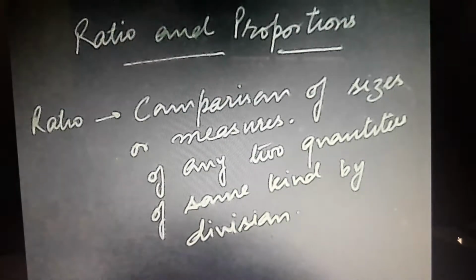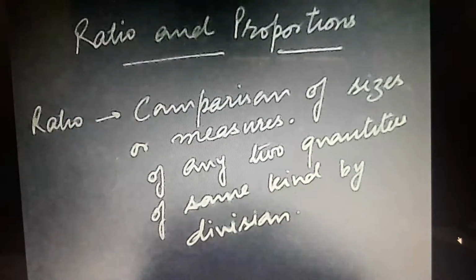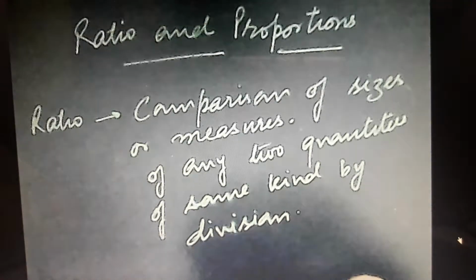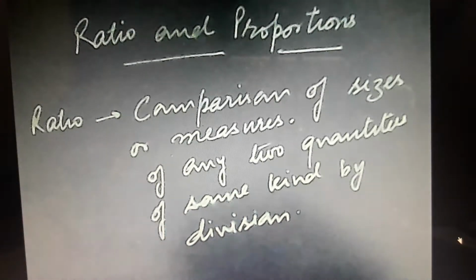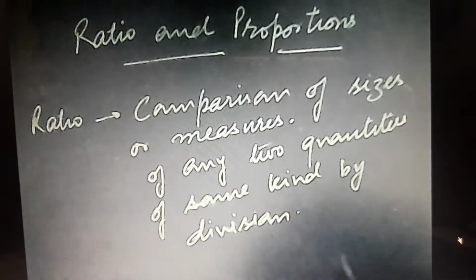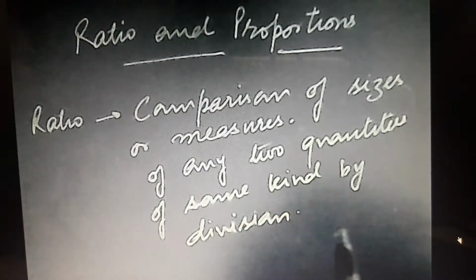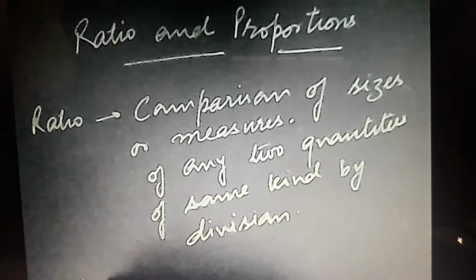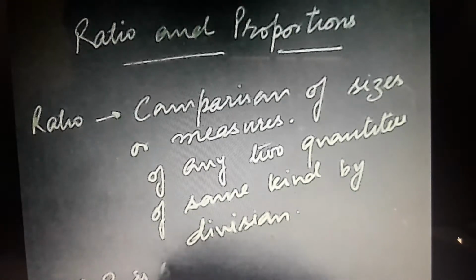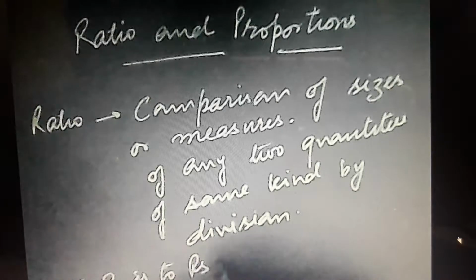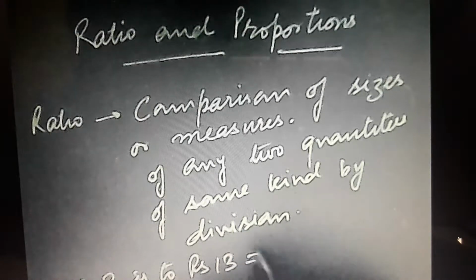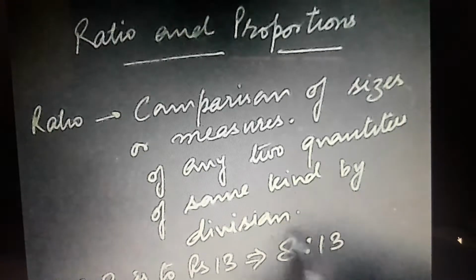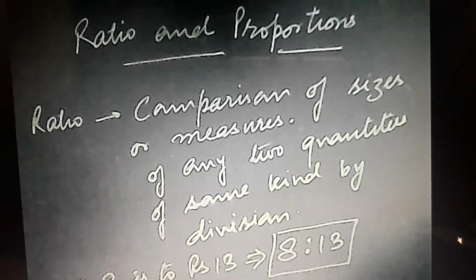Okay, so now let's discuss this in some more detail and try to figure out various concepts related to this ratio. If we talk about some examples, like the ratio of rupees 8 to rupees 13, we can express this as 8 is to 13, right?